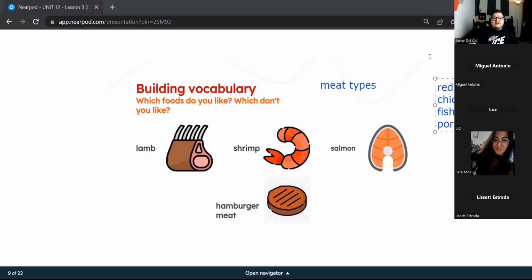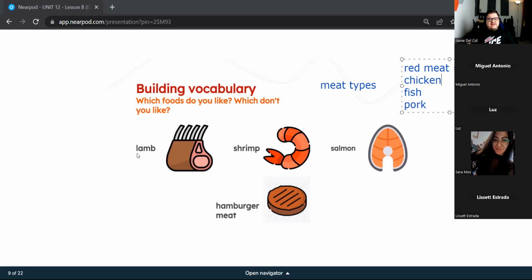Carne roja tiene otro nombre en inglés. So you can say red meat para la carne de vaca, ¿verdad? O puedes decir beef. So you can say red meat or you can say beef, chicken, fish, and pork. So those are things that we know. But here are other types of meat. Like for example, we have lamb, shrimp, salmon, and hamburger meat.